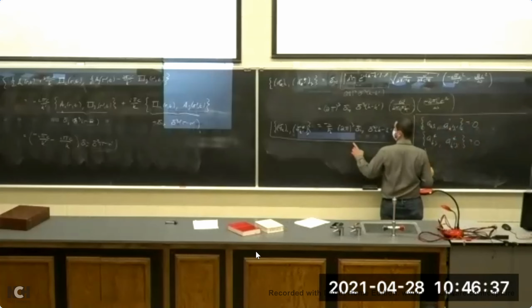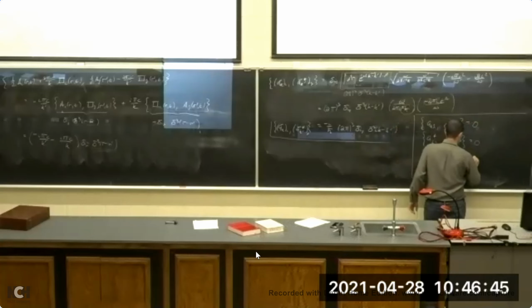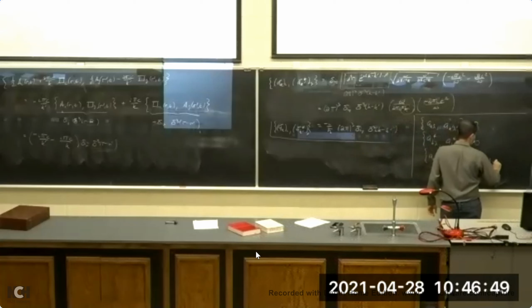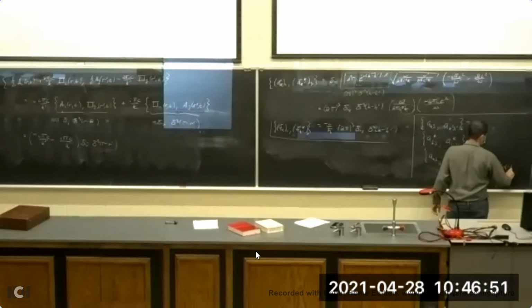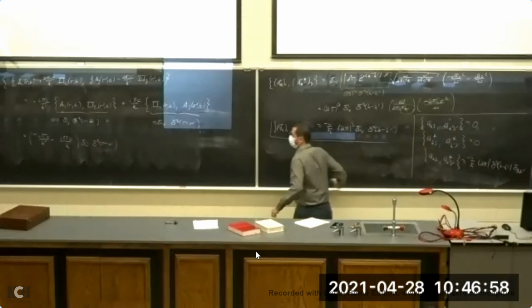The only one that's non-zero is this one, Poisson bracket of a_k lambda, a_k prime lambda prime star is minus i over h bar 2 pi cubed delta 3 of k minus k prime delta lambda lambda prime. So this is exactly what we want.